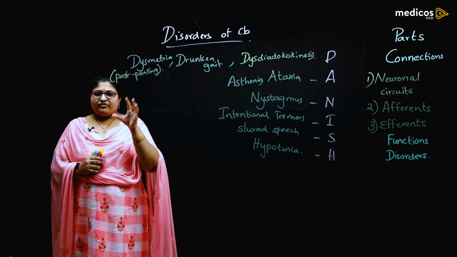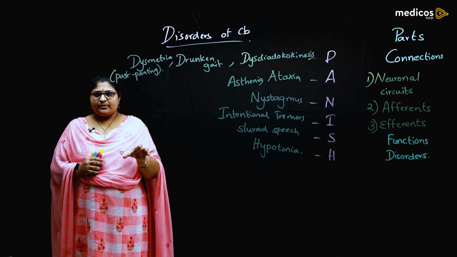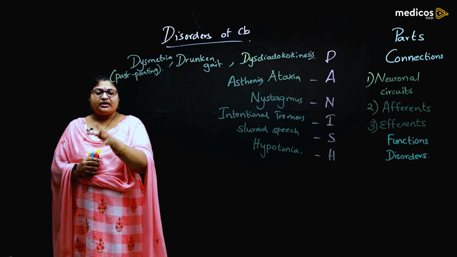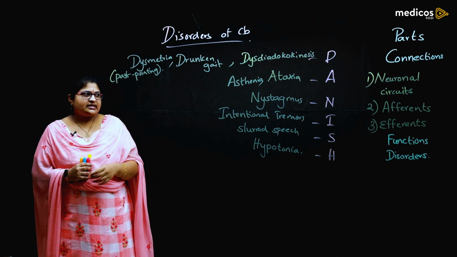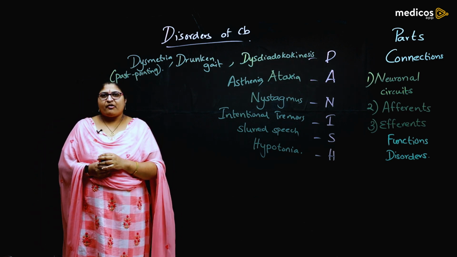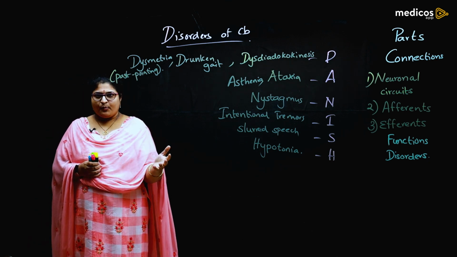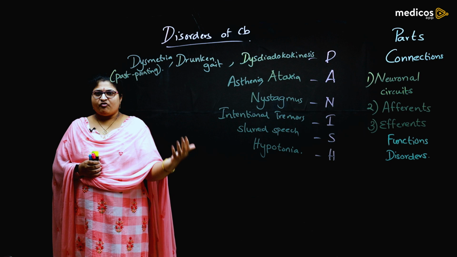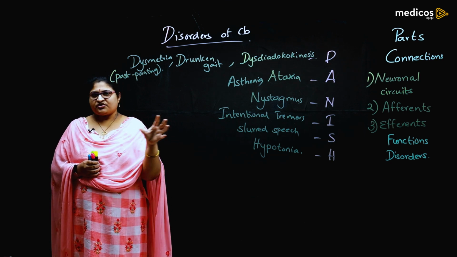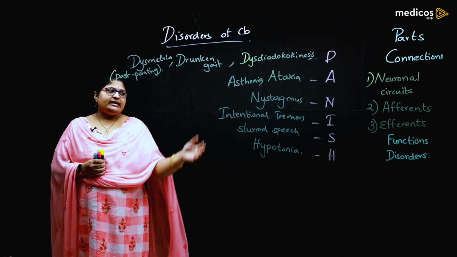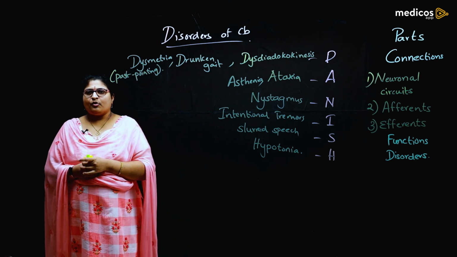Then the efferents from the three different parts of the cerebellum, the nuclei, and what tracts they are influencing. And functions with the help of the mnemonic PET MONKEY: posture, equilibrium, eye movements both voluntary and involuntary, and also tone and stretch reflex activity. And disorders of the cerebellum with the help of the mnemonic DANISH.